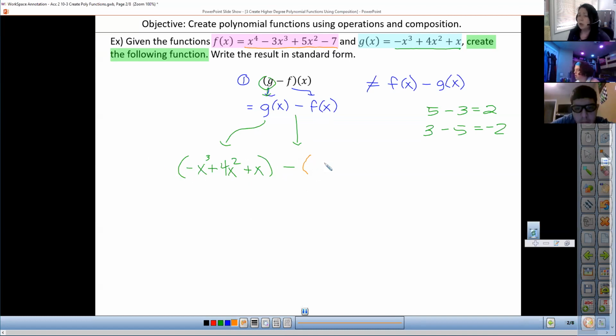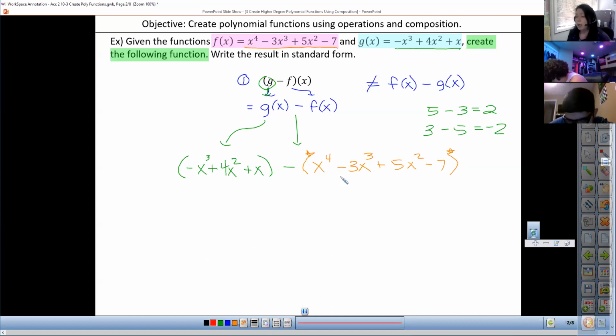But the parentheses are required around the f of x terms because we're going to have to distribute the subtraction sign before we combine any like terms, or we're not doing the math correctly. So it's super, super important to recognize those parentheses have to be there.